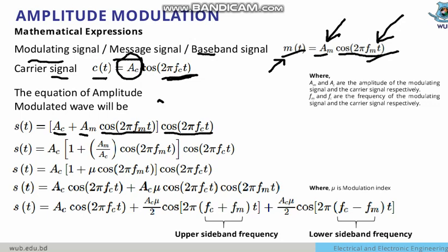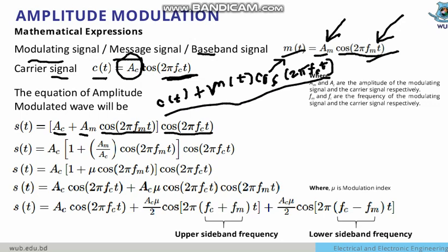Whenever you add c(t) plus m(t), the signal will be m(t) into cos 2πfc t. There is no Am there that you should multiply, as I gave in the previous equation. That's not m(t) into c(t). So my apologies for that, but the basic idea is like that. After that we can calculate this.